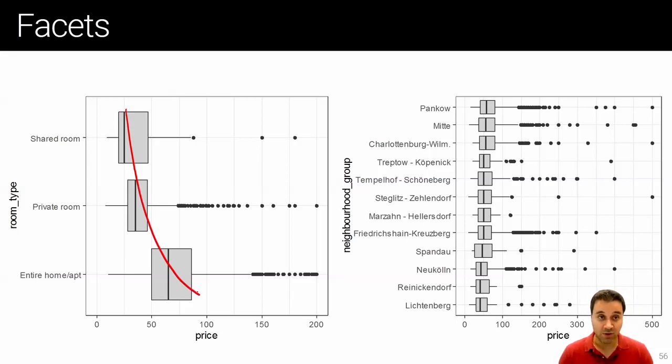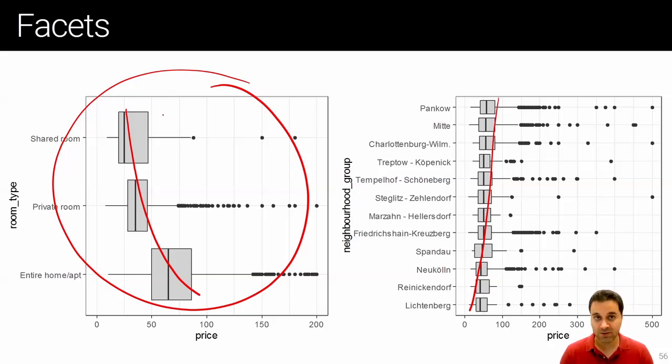Entire homes are more expensive than private rooms and shared rooms. And we have here which neighborhoods are more expensive. One might wonder, is this pattern relating to the room types consistent within the neighborhoods? So are entire homes, apartments more expensive than private rooms in all the neighborhoods? Perhaps they aren't. So let's take a look.